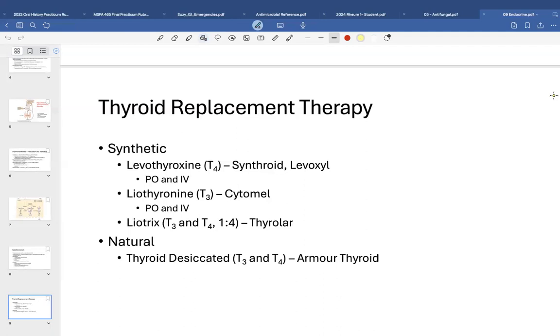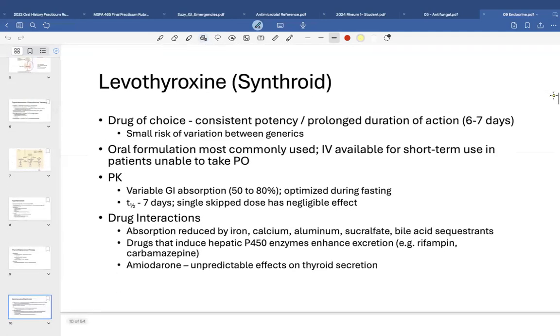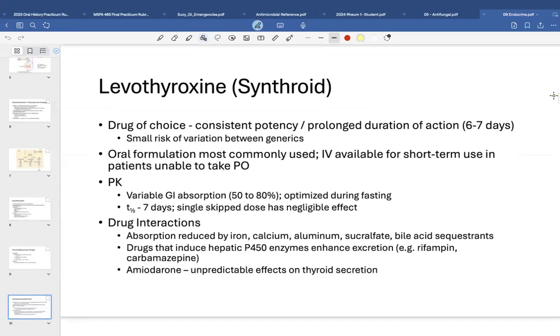Definitely one of the top drugs that you'll end up encountering. It is a drug of choice for hypothyroidism. Has lots of advantages, some of which is that it gives you a fairly consistent potency compared to T3 products.